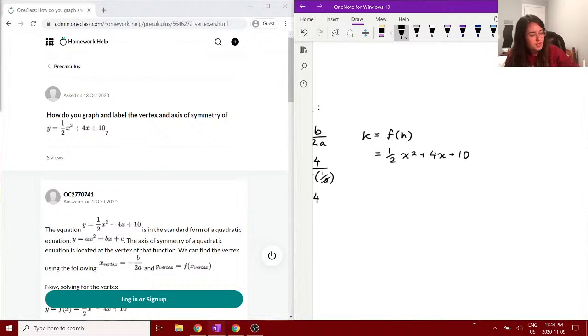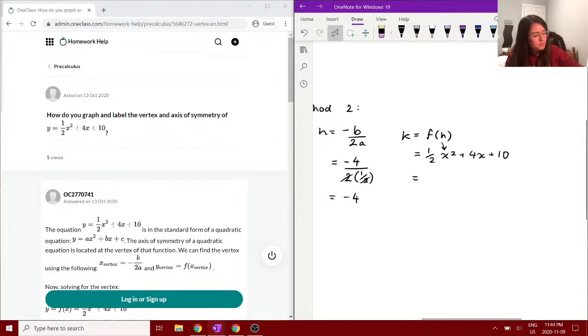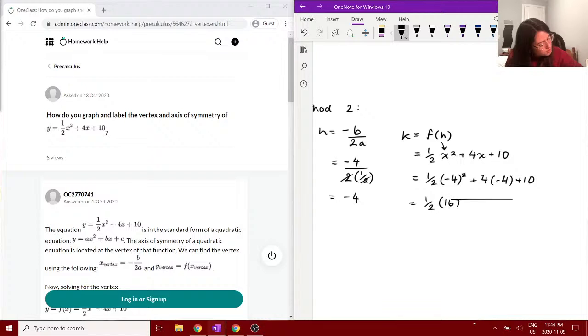So if we're subbing h for x, and we found out that h is minus 4, we get this, so 1/2 times minus 4 squared plus 4 times minus 4 plus 10. So minus 4 squared is 16.